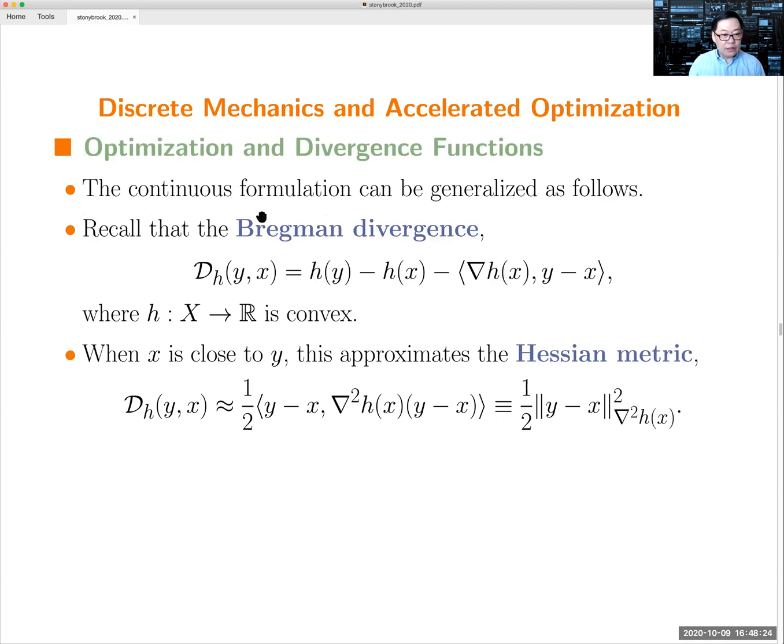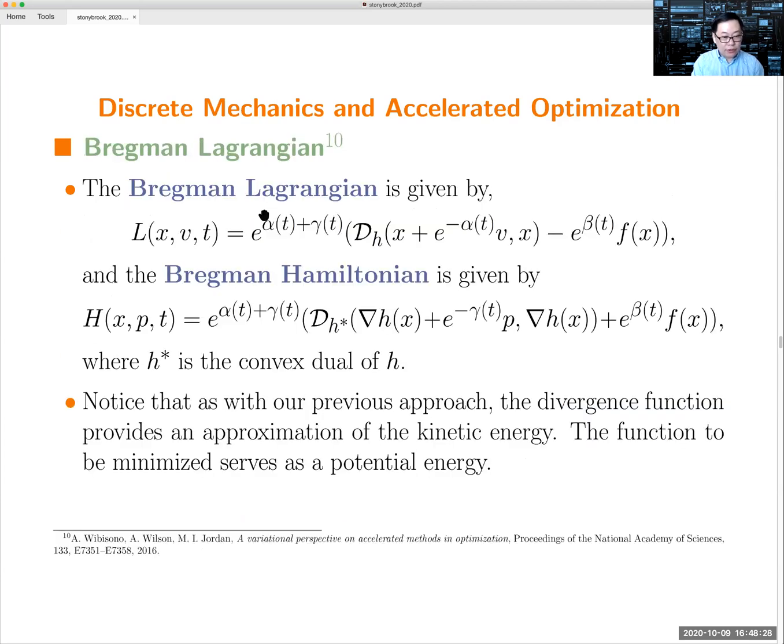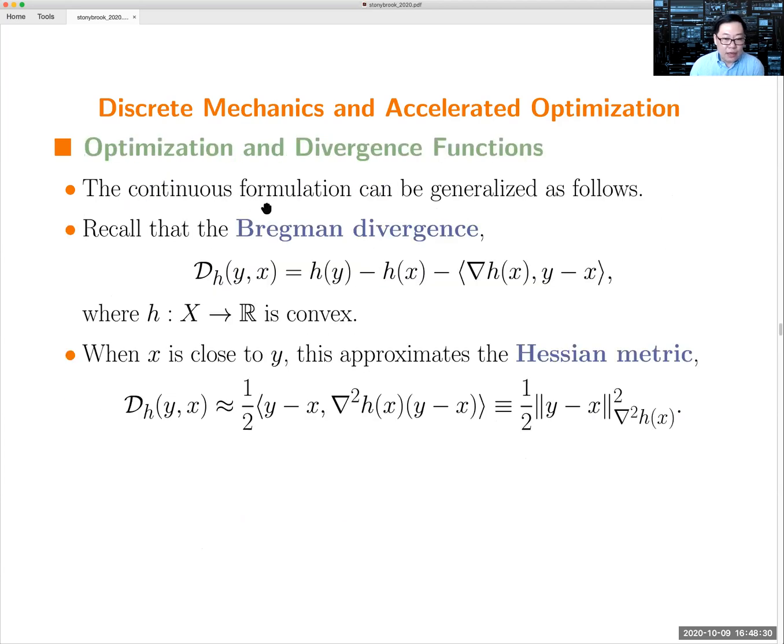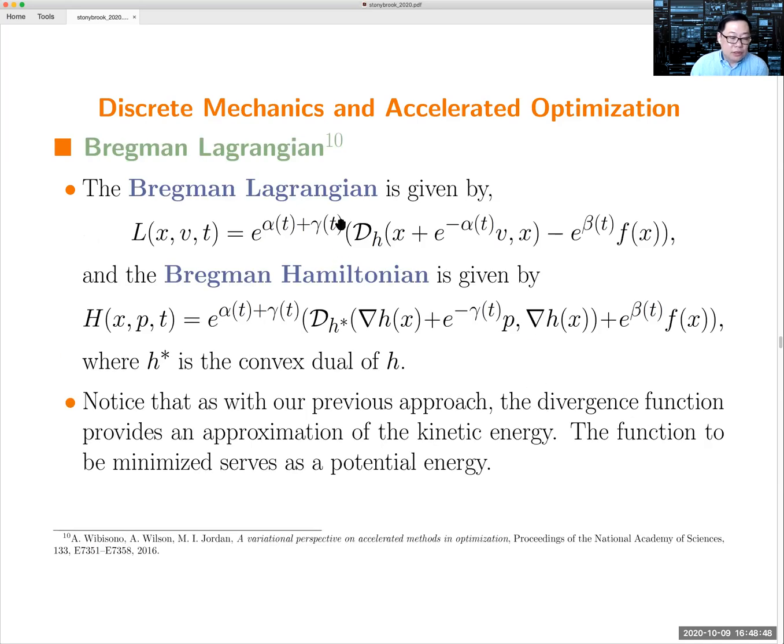So one way to do this is due to Michael Jordan and collaborators in this paper, so I'll go back to that. The basic idea is that you can generalize this continuous formulation in the following way. You write down, again, this Bregman divergence, and if these two points are close, then this Bregman divergence is very well approximated by this Hessian metric, which is given here. So Michael Jordan's group introduced this Bregman Lagrangian and Bregman Hamiltonian, which are given by these expressions.